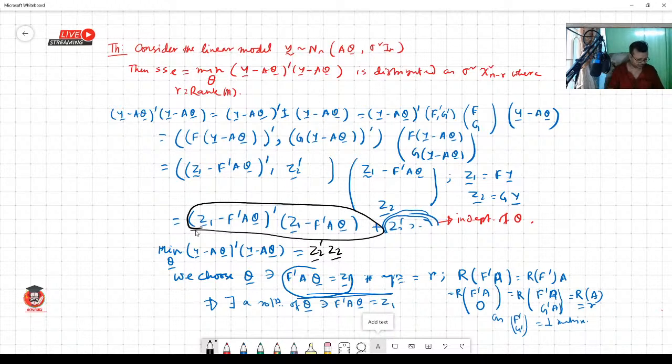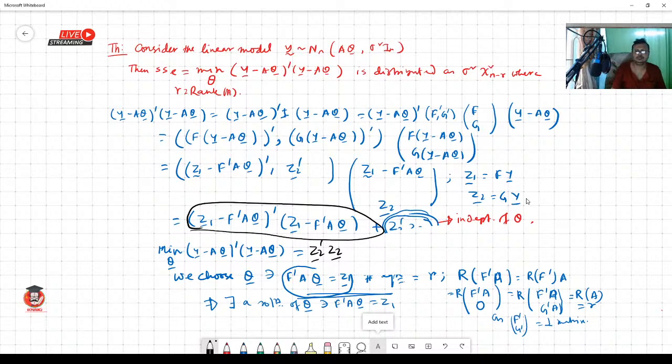So z2 prime z2, and we know z2 follows a normal distribution. You can easily find this.